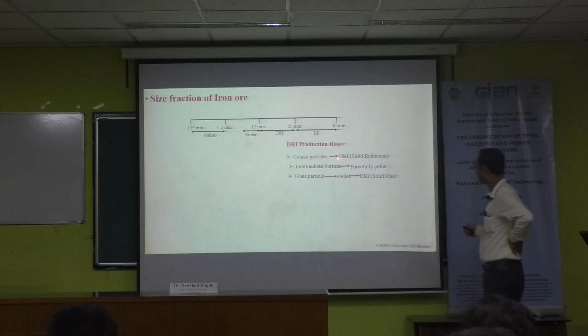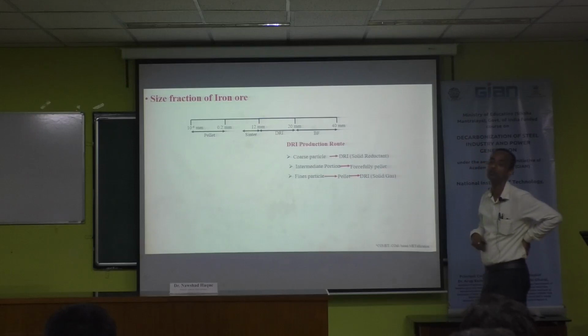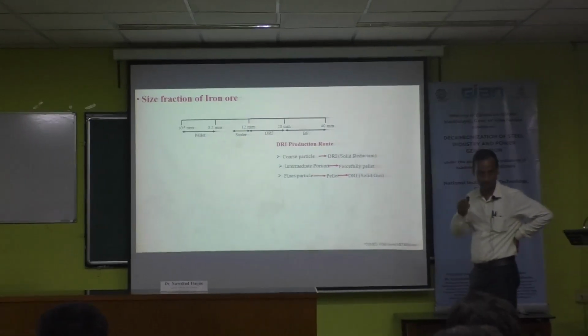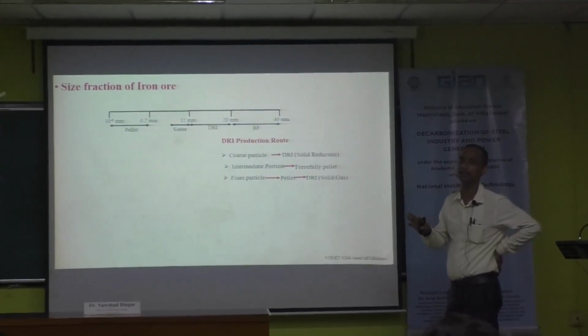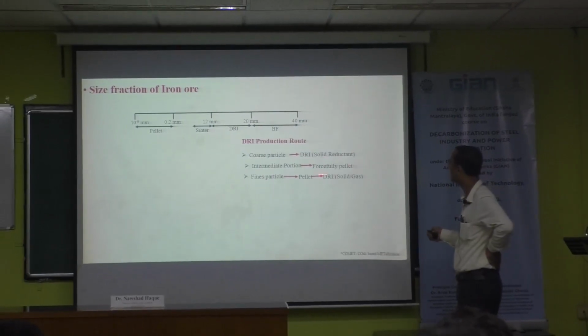Coarse particles go directly to DRI, while intermediate particles we are still forcefully sending for pelletization. Some amount we use for sinter, but in the general case we have to go for pelletization.